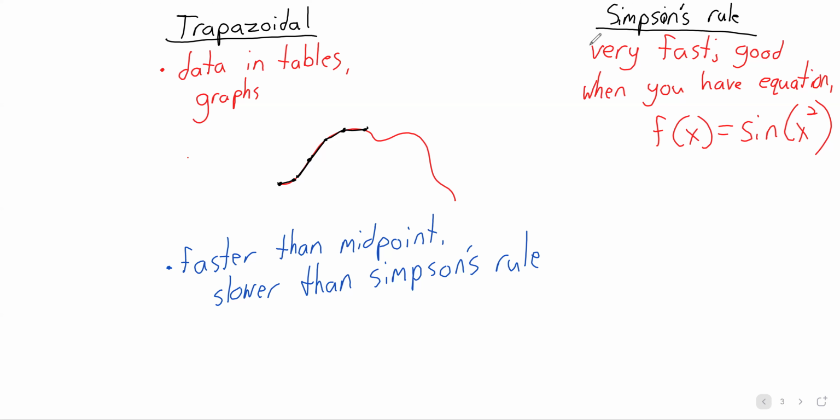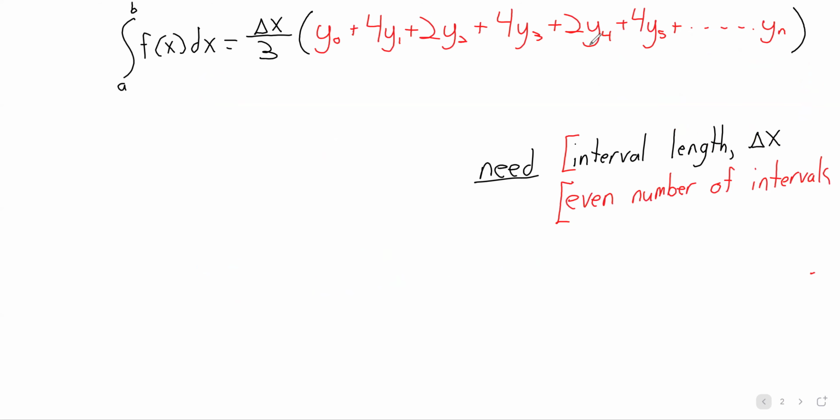And if we have a function, we are deciding what n is. So we don't have to worry, does it have an even number of intervals or not? We can just decide, well, this is the interval we're working on, I'm going to use 10 intervals. So this is not a real issue in that context.